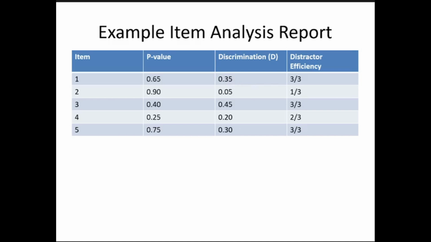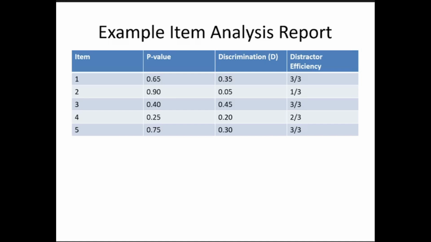Now, how to interpret it? So item 2 with a p-value of 0.9 and a D value of around 0.05 means too easy, and it has low discrimination. So either this item needs to be reviewed or it can be removed from the question bank.